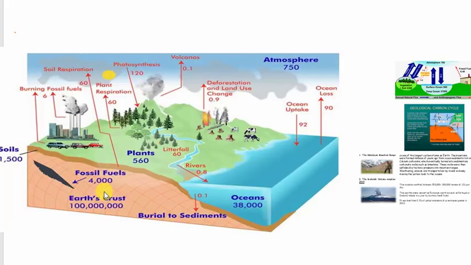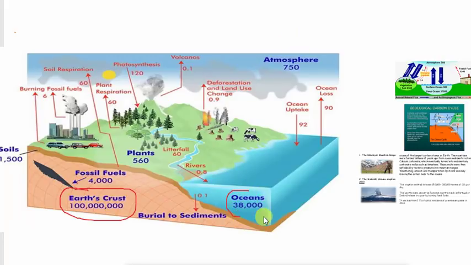So the key point is most of the Earth's carbon, the vast majority of it actually, if you look at these numbers, is found in the geological carbon cycle. It's rocks, it's the Earth's crust, it's limestone, it's slate, forgot the word, I'll come back to it later.